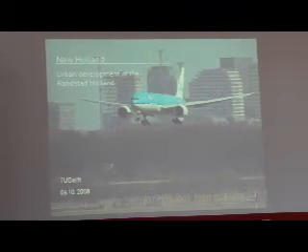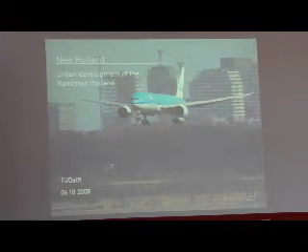Okay, basically, I want to talk along the same lines as Joost already did. It looks at the development of the Randstad and its very unique geographic features, which influenced the way it developed over the years.